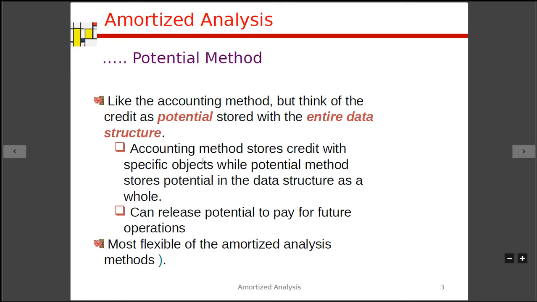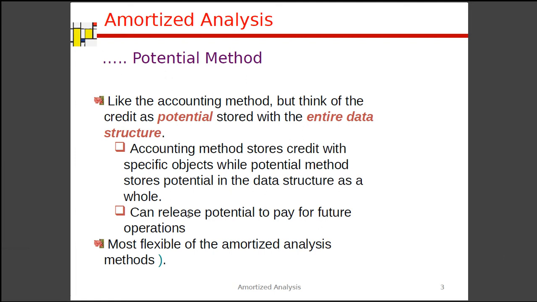The accounting method stores credit with specific objects, while the potential method stores potential in the data structure as a whole. That means the accounting method just believes in the calculation, but the potential method, on the basis of calculations, decides how much investment should be done in a particular transaction in future. That is nothing but the potential.